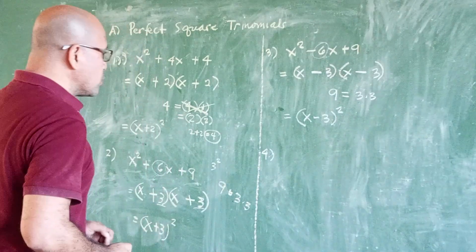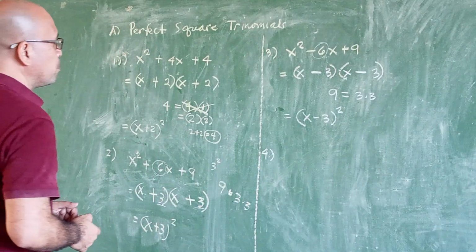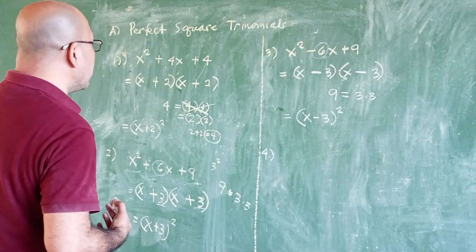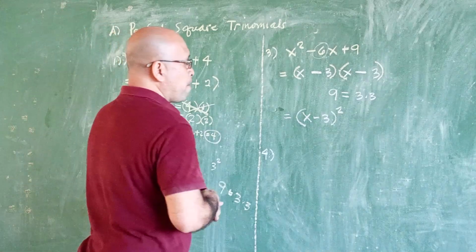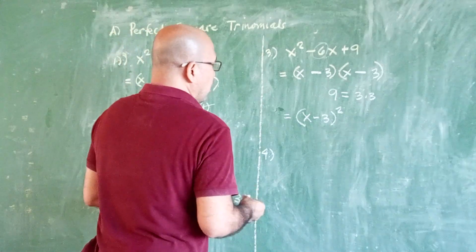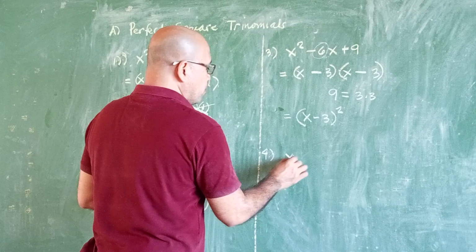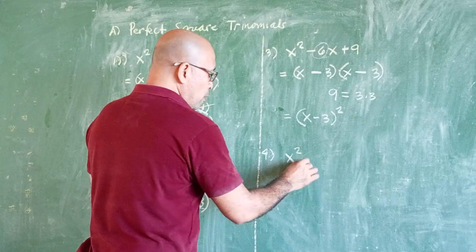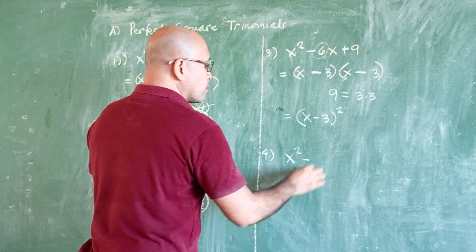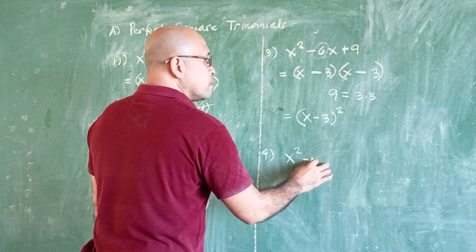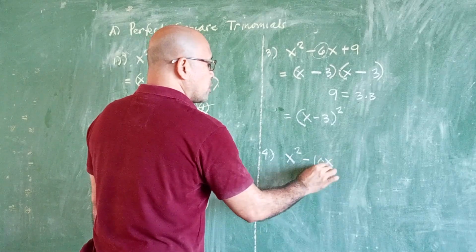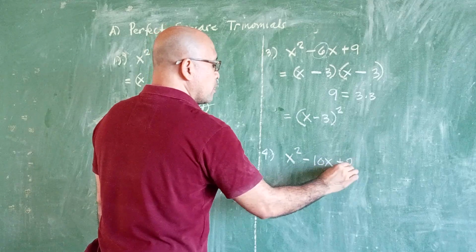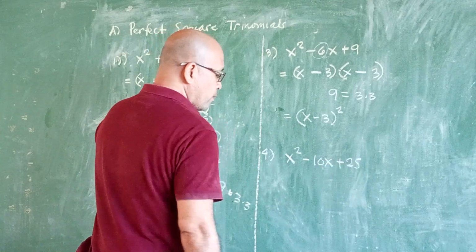Okay, so supposedly we have this last example for this perfect square trinomial factoring. Let us say, for example, we have x squared minus 10x plus 25.